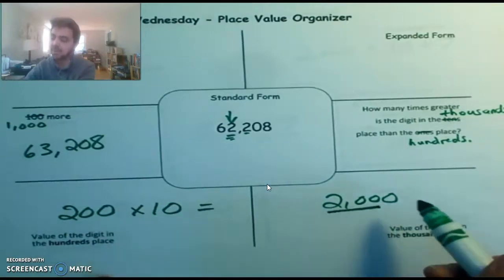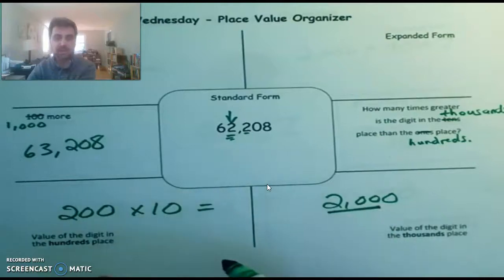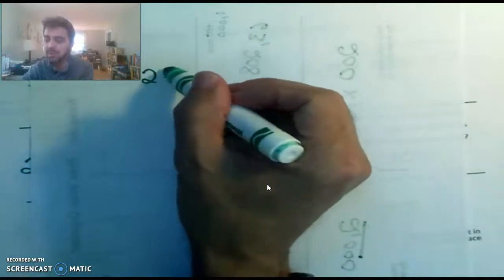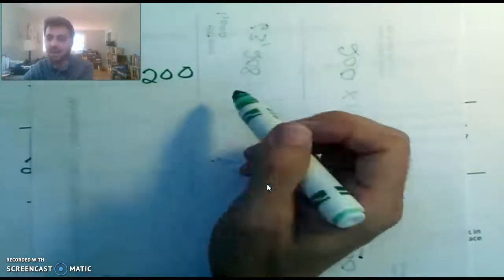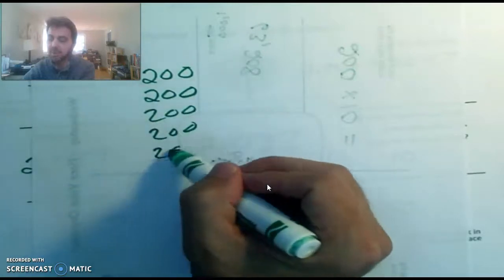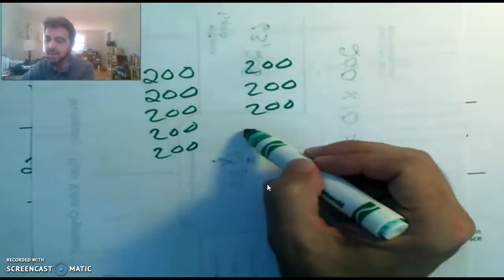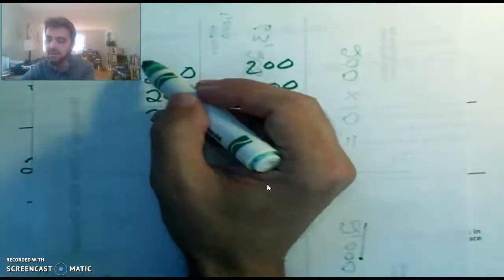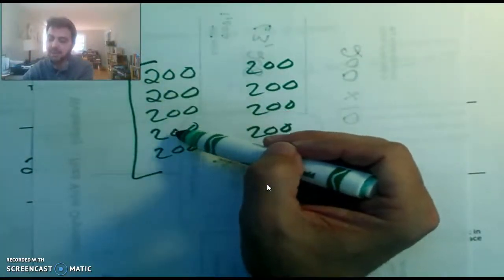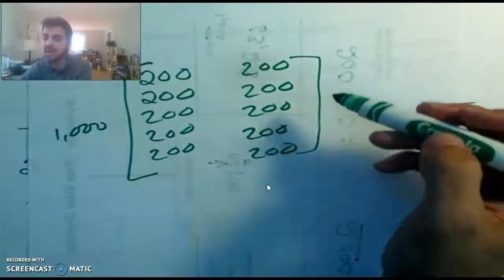Here's our 200, and there's an extra 0. Or I could think of it as 200 ten times: 3, 4, 5, 6, 7, 8, 9, 10. So this right here is 1,000: 200, 400, 600, 800, 1,000. And this is also 1,000.